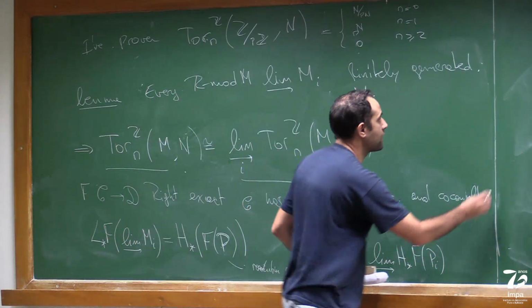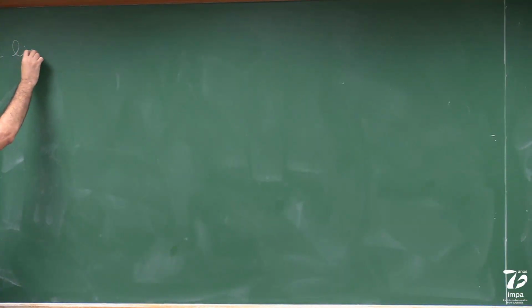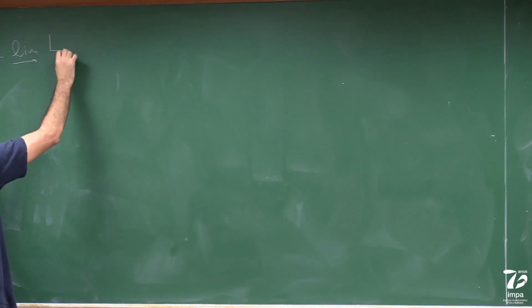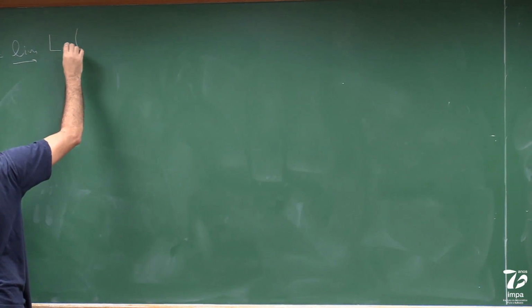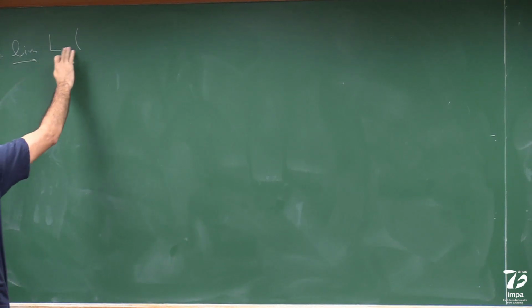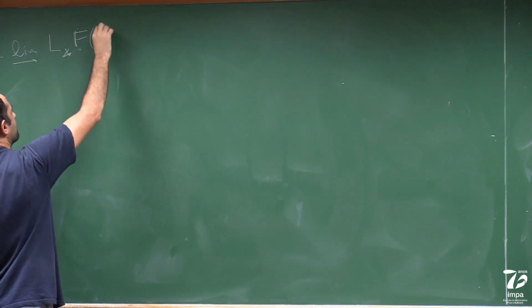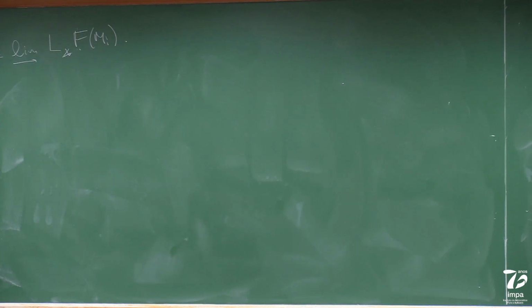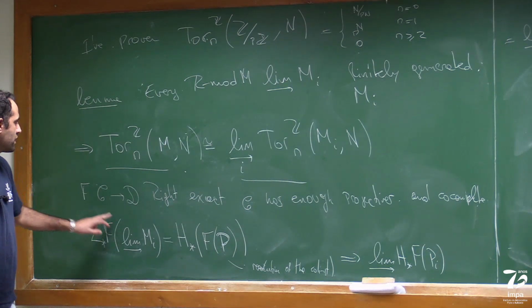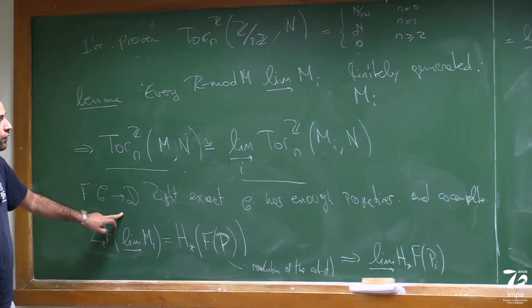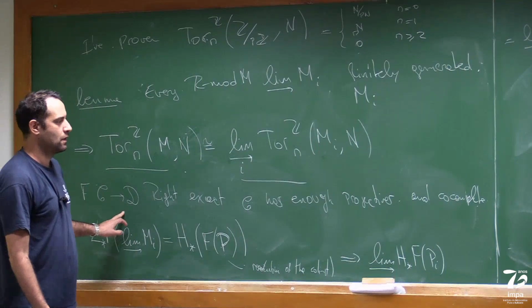And this is the same thing as the colimit of the left-derived functor, I think I used n, star of F applied to the M_i's. So arbitrary colimits commute with left-derived functors of right exact functors.